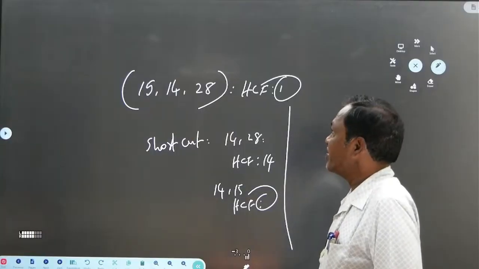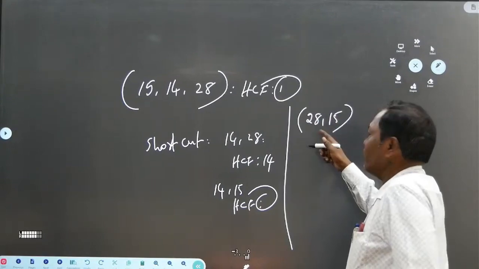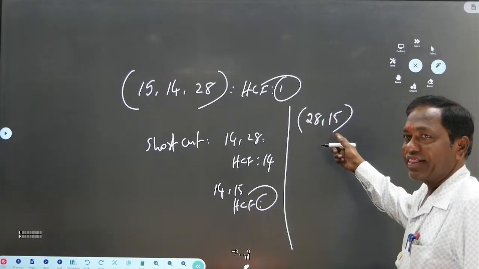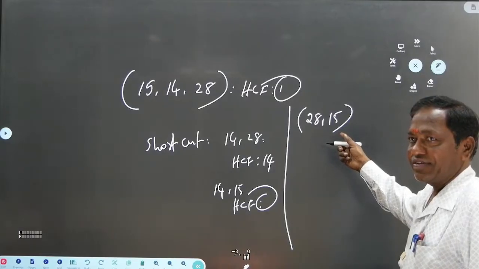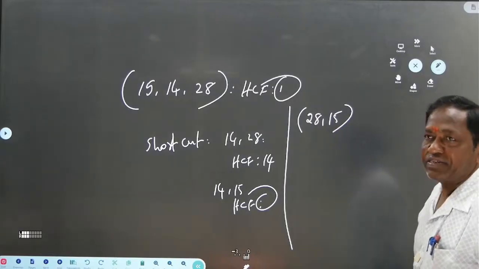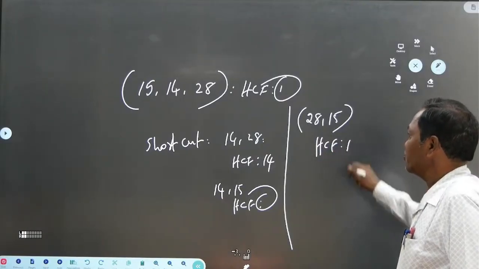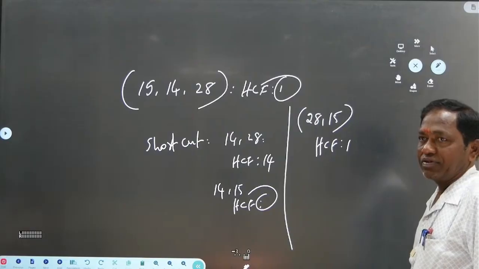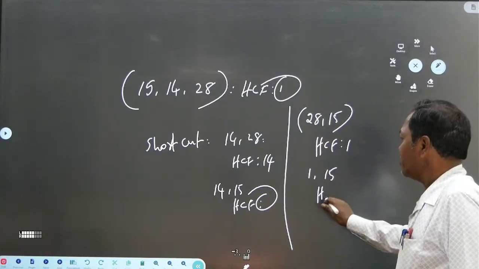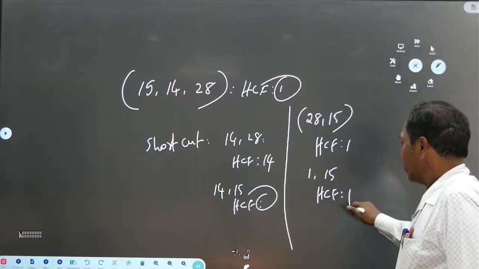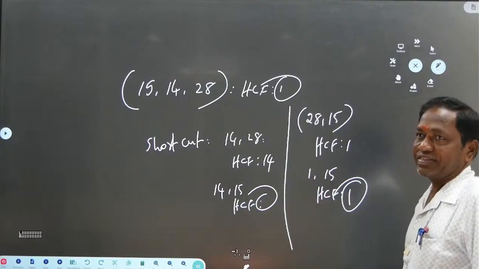One is an odd number, one is an even number. Normally you would see the HCF is 1 for these two. Again 1 and 15, naturally already there is a 1. HCF is 1. If it is 3, then it differs.